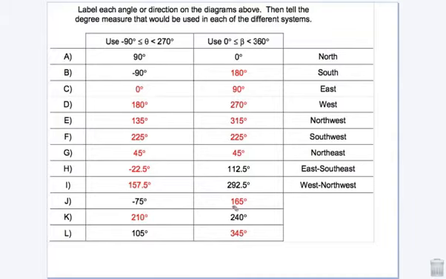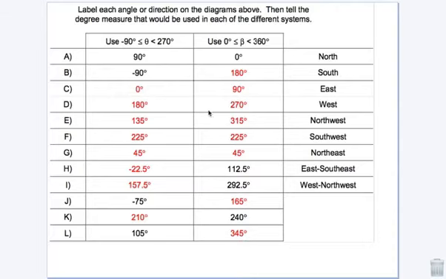Go to your compass, find the same letter, and start at north and see how far it is. It should be 165 degrees. And then 240 bearings, look on your compass, find that, find the letter, go to your unit circle, find the same letter. It should be 210 degrees. And then on the unit circle, 105 degrees will be 345 bearings.